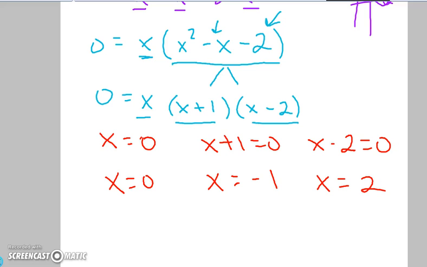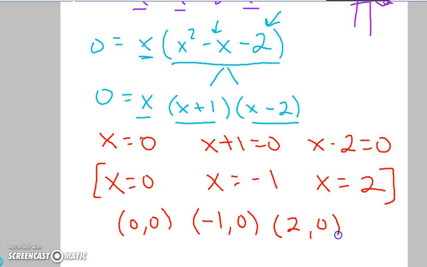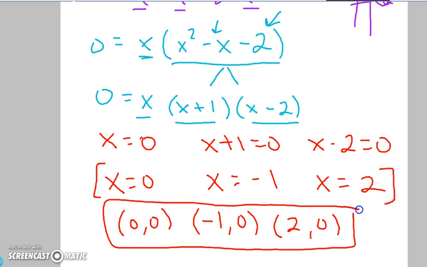So these are my three solutions, or my three roots, and they're also my three x-intercepts: (0, 0), (-1, 0), and (+2, 0). So those are my three solutions. They're my three roots. They're my three x-intercepts. And up above, these were my three factors that got those.